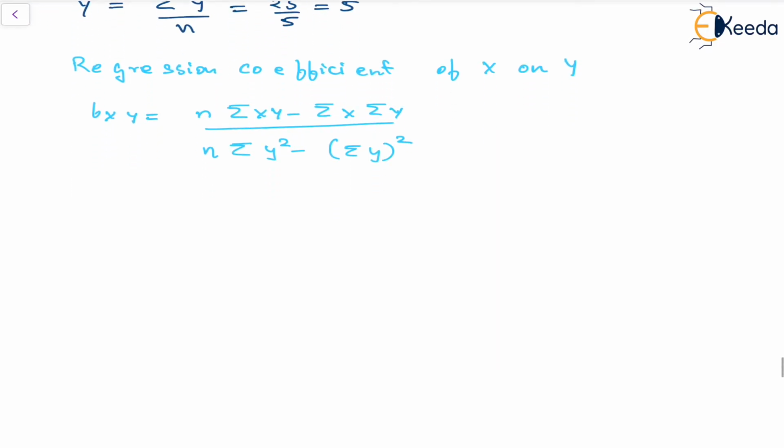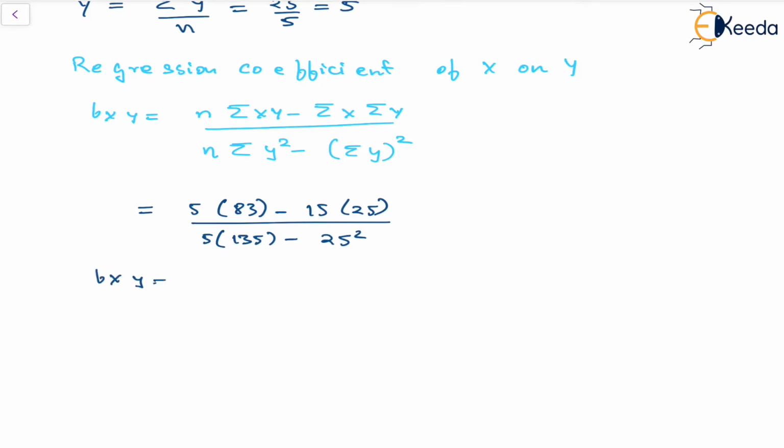As we have all the details already provided here, this will become 5 times 83 minus 15 times 25, divided by 5 times 135 minus 25 square, and this becomes bxy equal to 0.8.